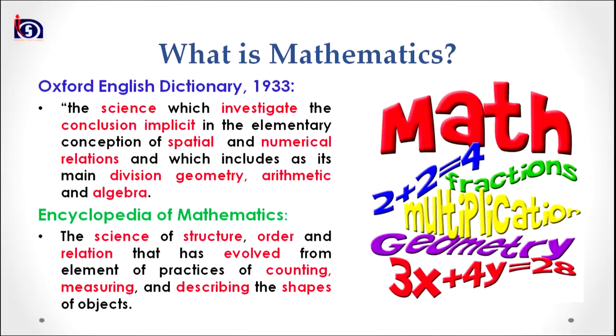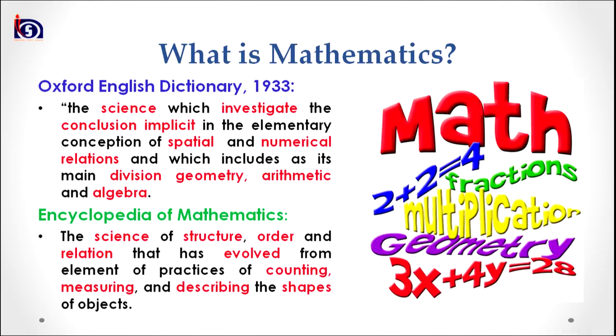There are some other definitions which also define mathematics. The Oxford English Dictionary in 1933 defined mathematics as the science which investigates the conclusions implicit in the elementary conception of spatial and numerical relations, and which includes as its main divisions geometry, arithmetic and algebra.